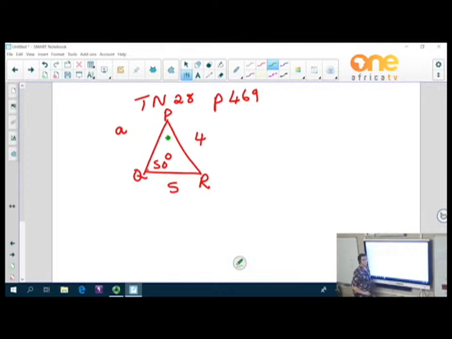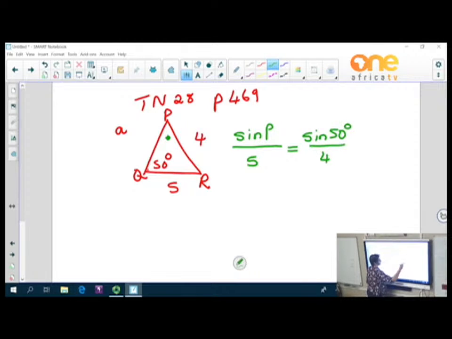Find angle P. I use the sine rule with the angle at the left-hand top. So I'm going to start with sine P. I reverse the sine P is opposite 5. And then here sine 50 degrees is opposite 4.